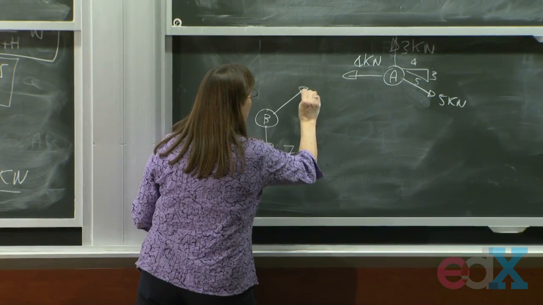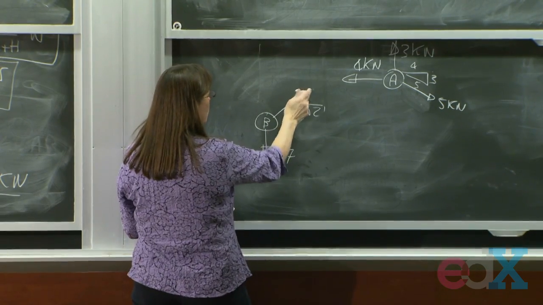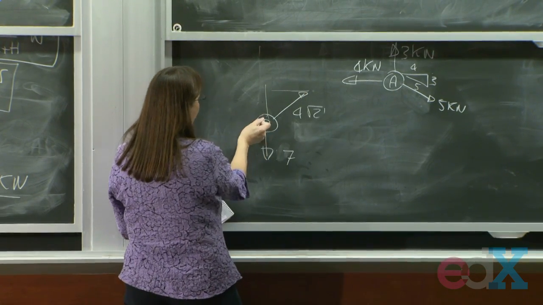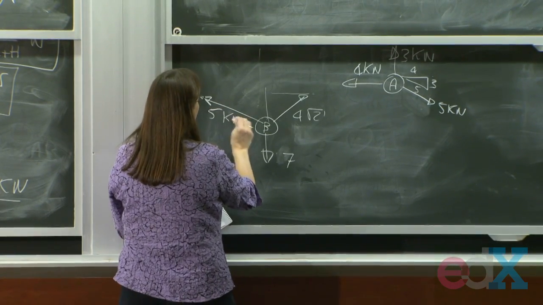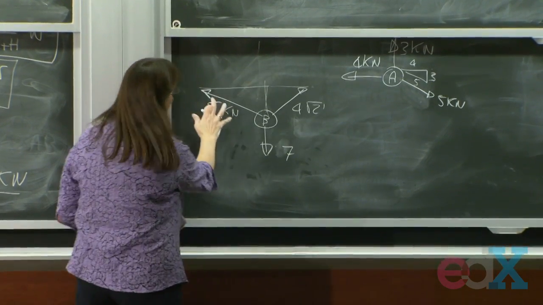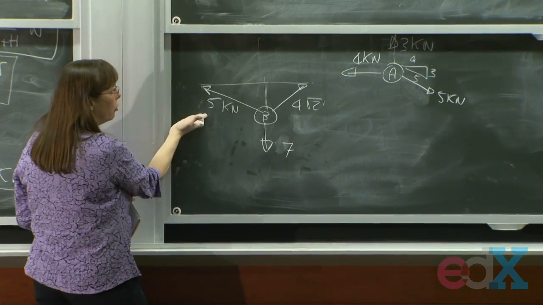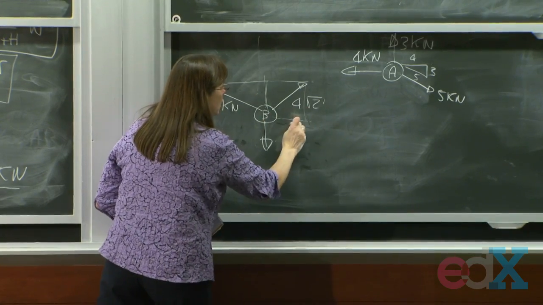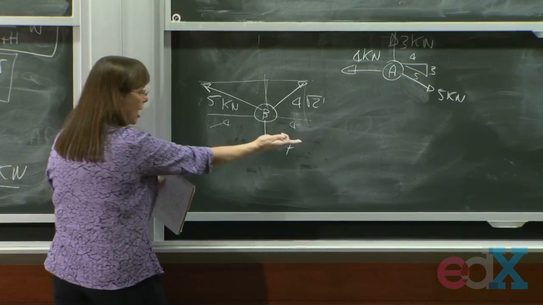And finally, my loading on pin B: I got 7 coming down. I have 4 square root of 2 going up this way. I have 5 going up that way. The x component of this is 4. The x component of this is 4. 4 and 4 cancel out. They're in equilibrium.